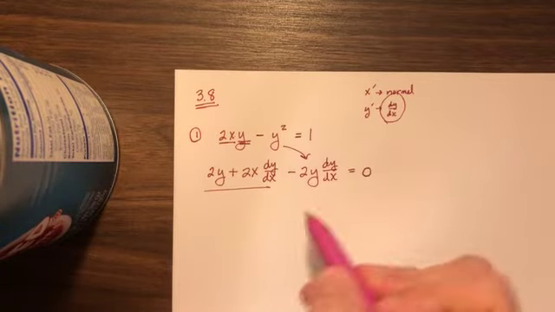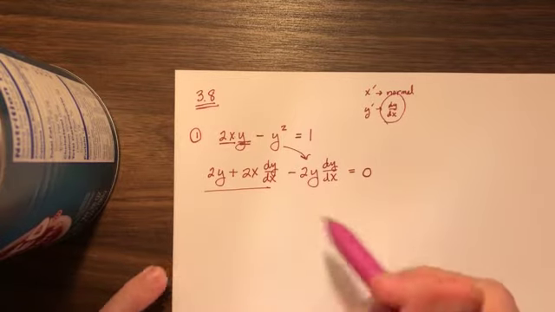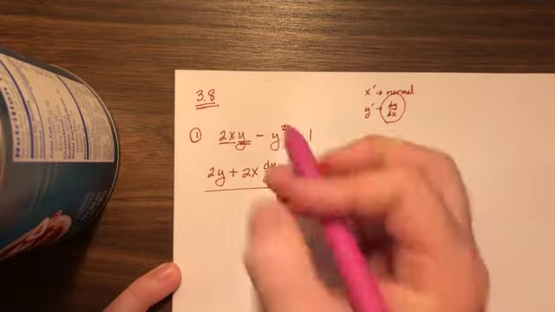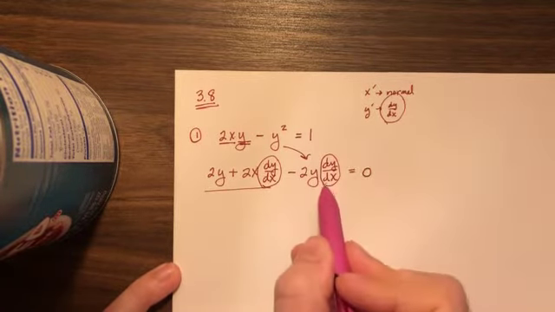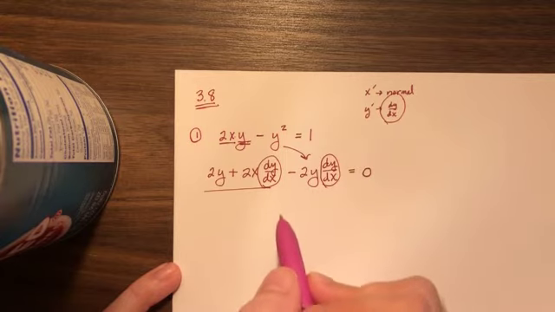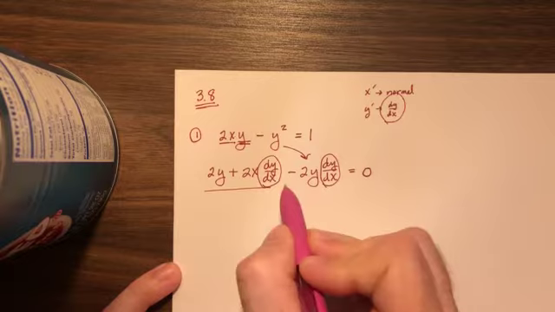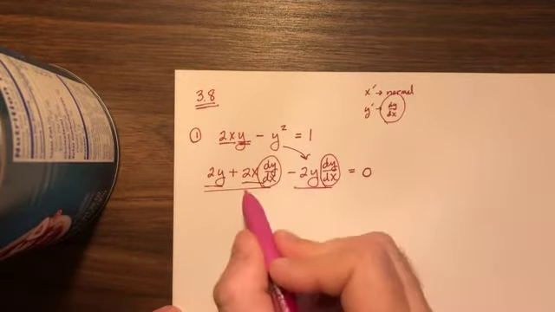Okay, so that's the derivative. That's doing implicit differentiation. Now, it's going to be like solving an equation, but for a certain variable. And that variable is dy dx. You want to get that guy all by himself on one side of the equation. Sound familiar? So we got 1, 2, 3 terms, and 2 of them have the dy dx in it.